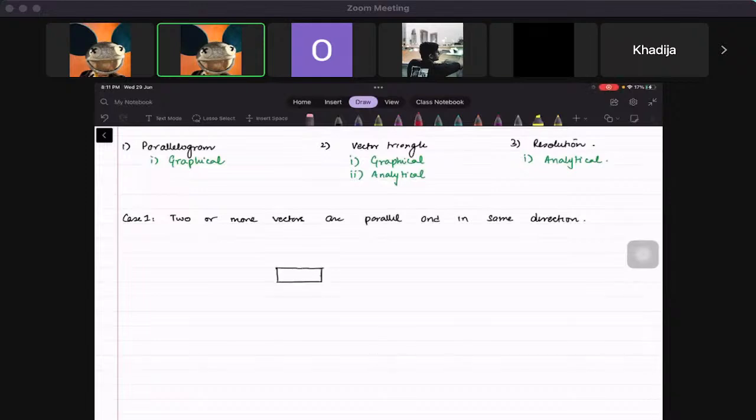One vector is like 10 newtons, the other vector is like 5 newtons. Now, to find the resultant, it's super easy, you say, okay, the resultant is 5 plus 10, which is 15 newtons towards the right. Okay, so you have to give the direction as well.